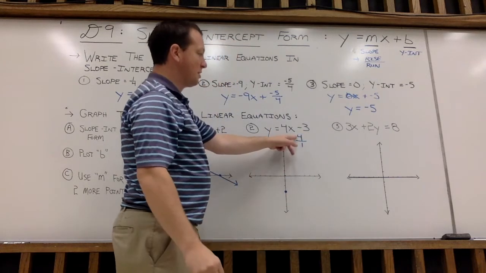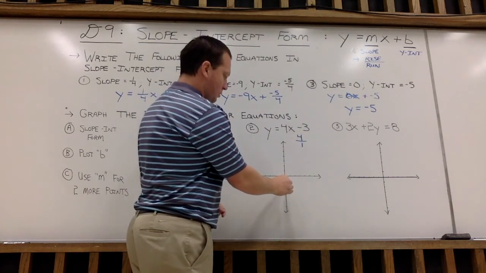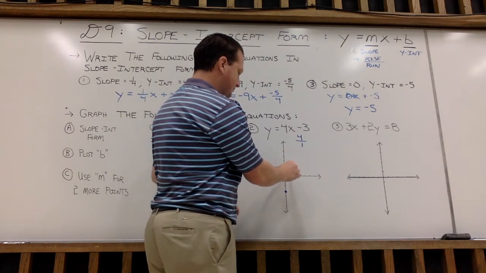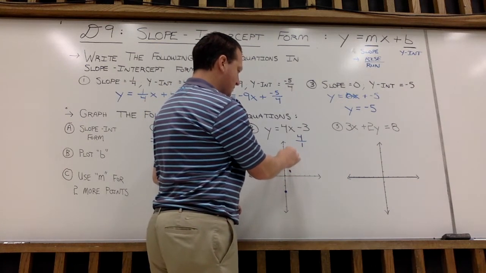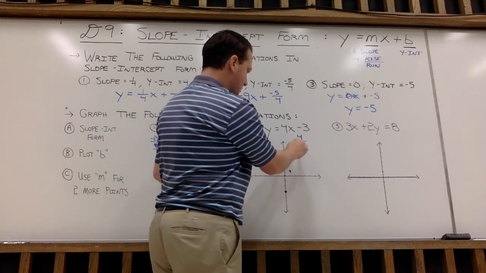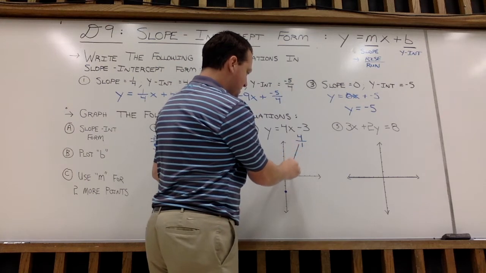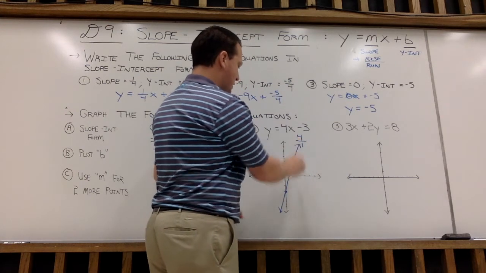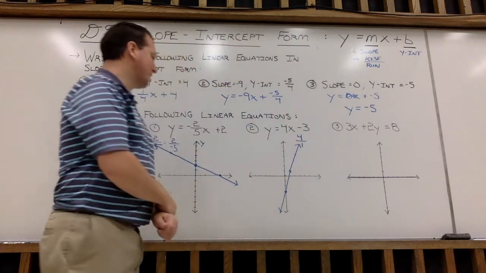That tells me I'm going to rise 4, go up 4, 1, 2, 3, 4, and then 1 to the right. So this is going to be a steep line, a slope of positive 4. It is rising quickly.